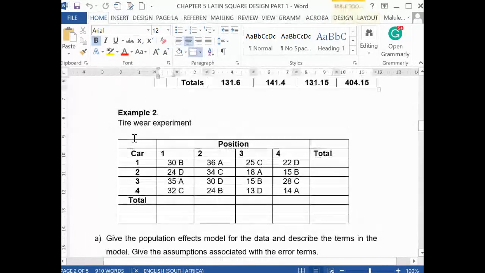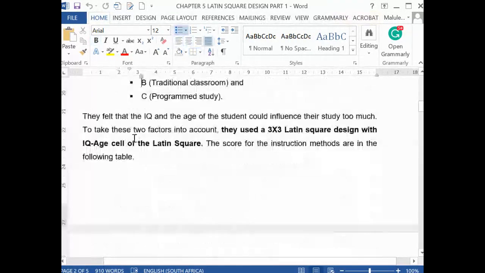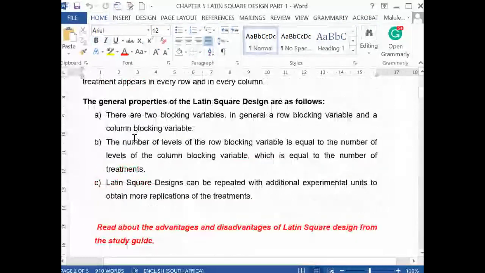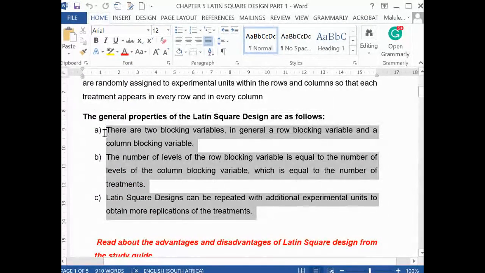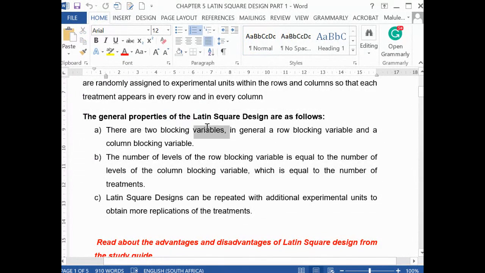How do you check if something is a Latin square design? You need these general properties of a Latin square design. When you check that problem, there are 2 blocking variables from that example. What are they?